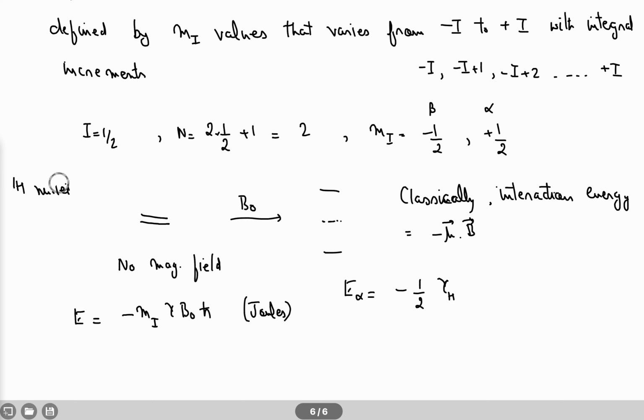And E of beta will be minus of minus half gamma H B0 h cross.